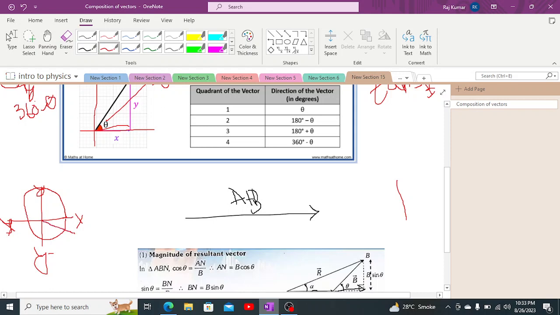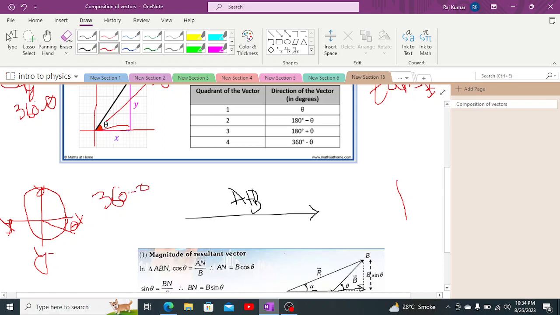In order to calculate theta of the vector inside quadrant 4, we are going to subtract theta from 360.